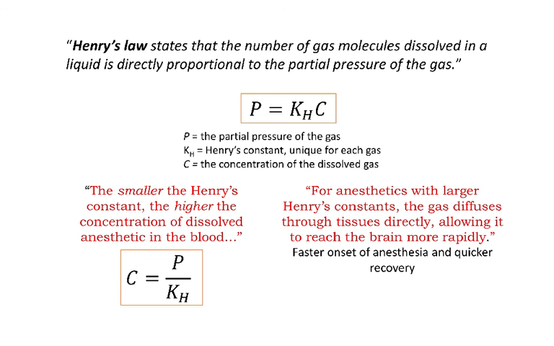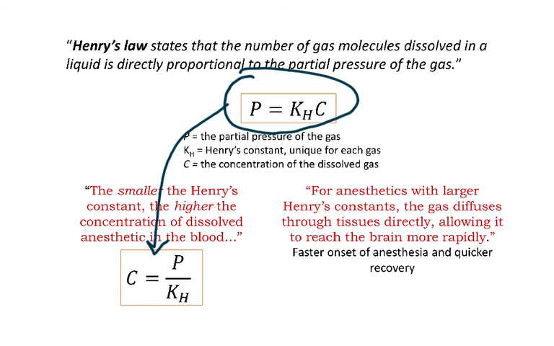Another way to write this is actually to rearrange it and solve for concentration, right? So here you could say, I have a pressure of this certain gas. I know what it is. I know the Henry's constant. And what would the concentration be in a solution? And the solution here could be blood, which would be a very common example for us.